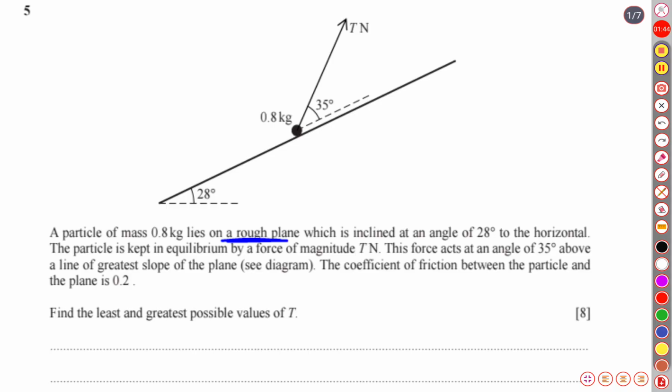Then for the normal reaction, we will have to sketch out the figure. Let's say this one is the normal line, and this is the weight, which always acts straight downward.